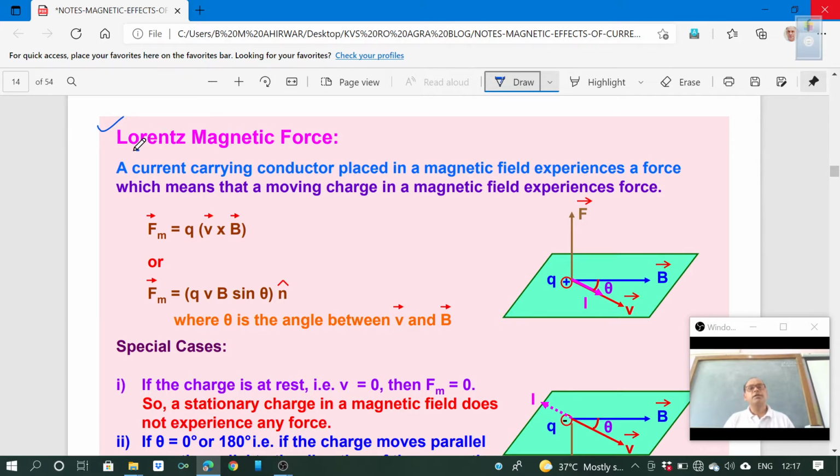So, what is actually Lorentz magnetic force? We will discuss now.